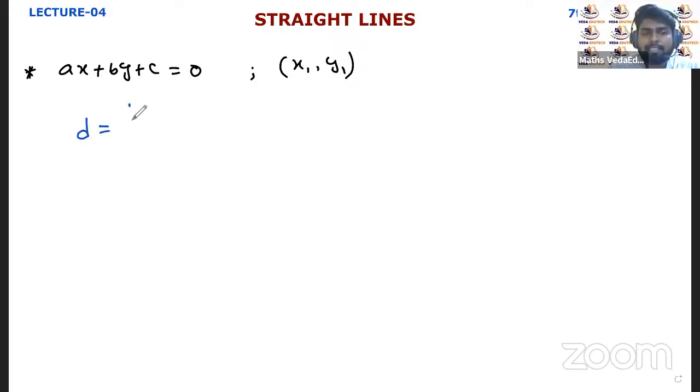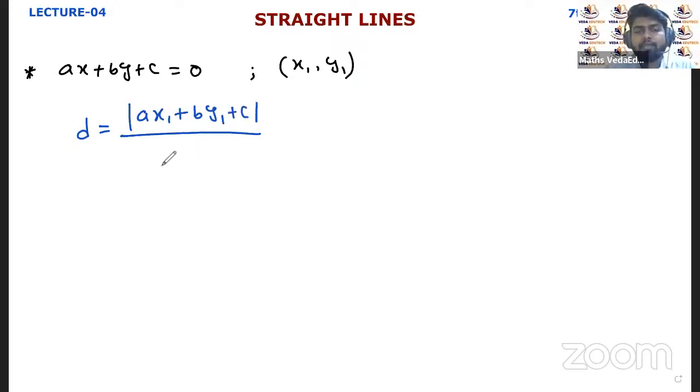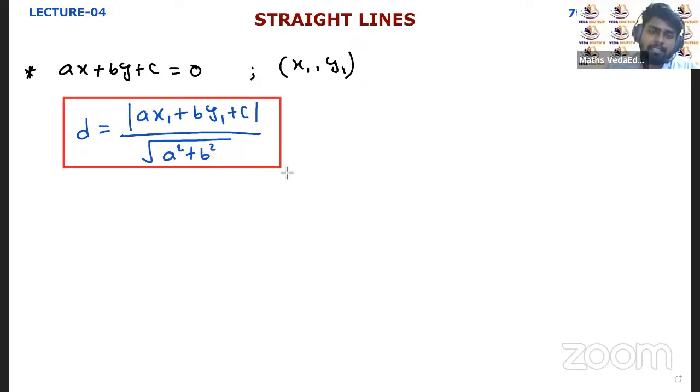And this d is modulus of ax1 plus by1 plus c, this whole thing divided by square root of a square plus b square. Till here we already did in the last class, and we have done some questions based on this topic.